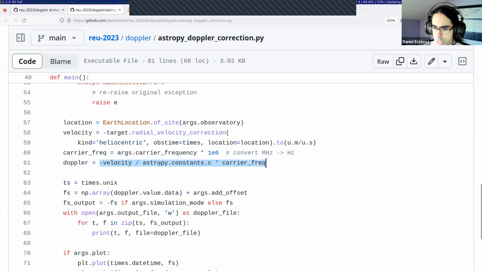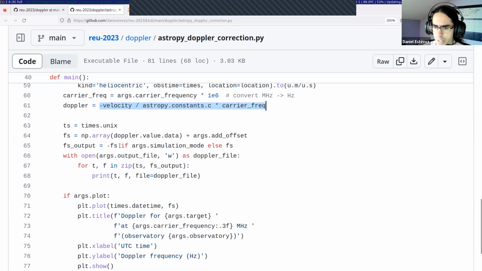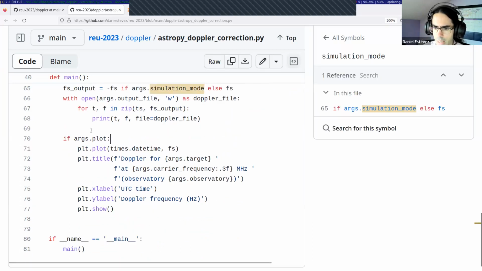And this, of course, is dimensionless because we are dividing velocity by velocity. And we multiply this by carrier frequency in hertz. So we get Doppler frequency in hertz. And finally, we format everything to the appropriate text file format, inverting the sign of the output if we are running in simulation mode. And we make a plot using matplotlib if we need to make a plot.